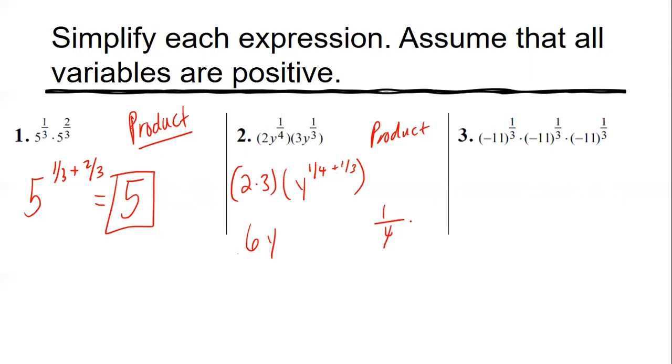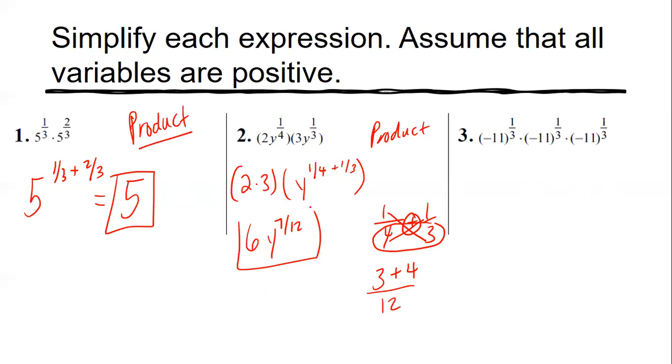So we have 1/4 plus 1/3, cross multiply. 1 times 3 is 3, plus 4 times 1 is 4, all over 4 times 3, which is 12. What do we get? 7/12. 6y to the 7/12.